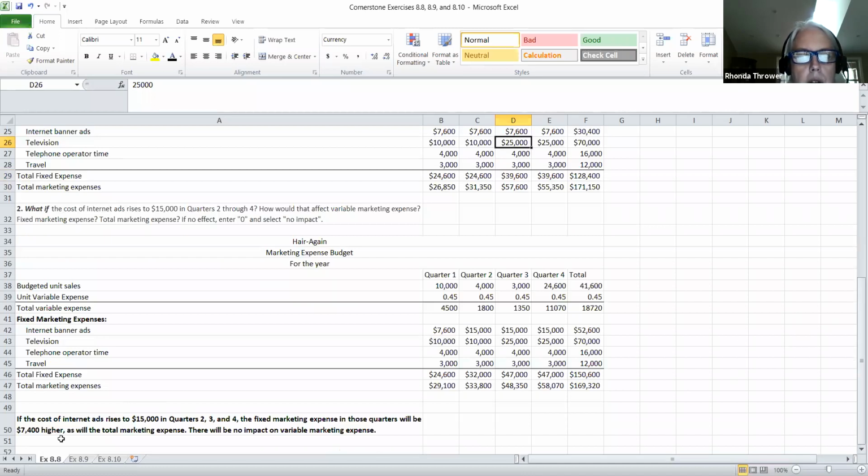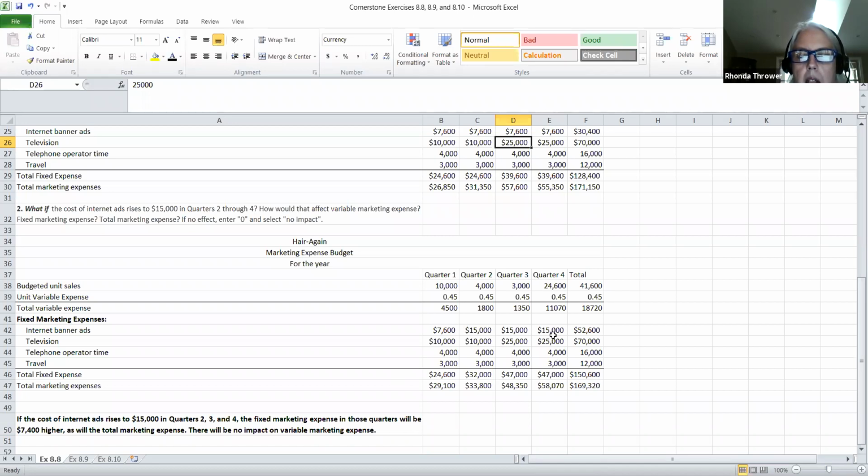And then they had a question for you that they wanted you to answer. And the answer to that question is right here in bold. If the cost of the internet ads rises to 15,000 in quarters 2, 3, and 4, then since that was a fixed cost, the fixed marketing expenses in those quarters will be higher by the amount of $7,400 each month. So in other words, we went from 7,600 to 15,000 here.